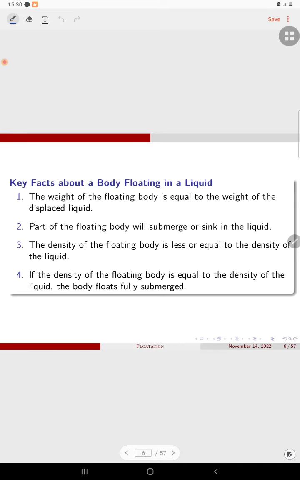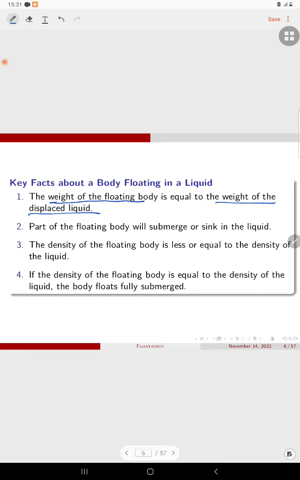Now, let's take note of these 4 key facts about a body floating in a liquid. When a body is floating in a liquid, then these 4 key facts are true. The first one is that the weight of the floating body is equal to the weight of the fluid displaced.